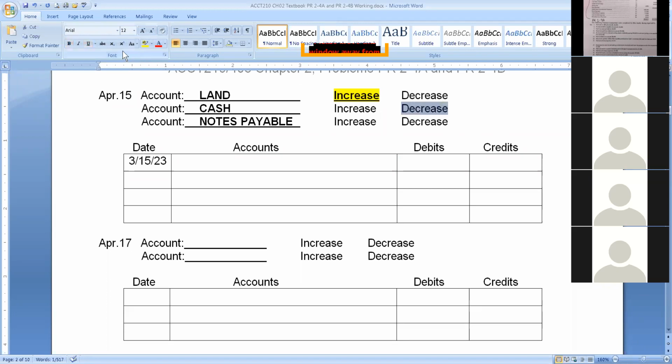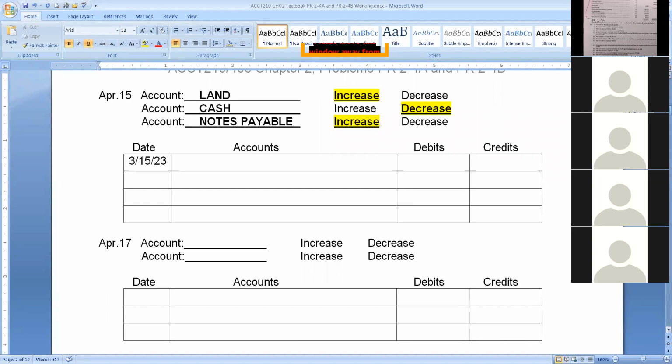Yep. And now the tricky one, notes payable. Is it going up or down? It's going up. Yes, perfect. We owe more money. I think it's 170,000. Right? Okay, so land's going to increase, cash is going to decrease, and notes payable going to increase. Oh boy, a lot of stuff going on here.